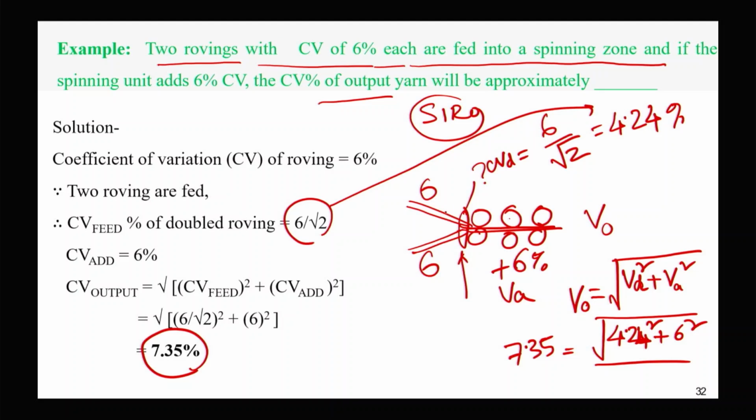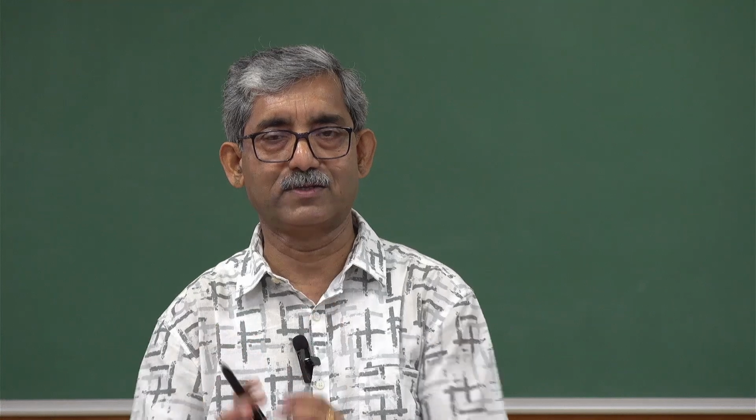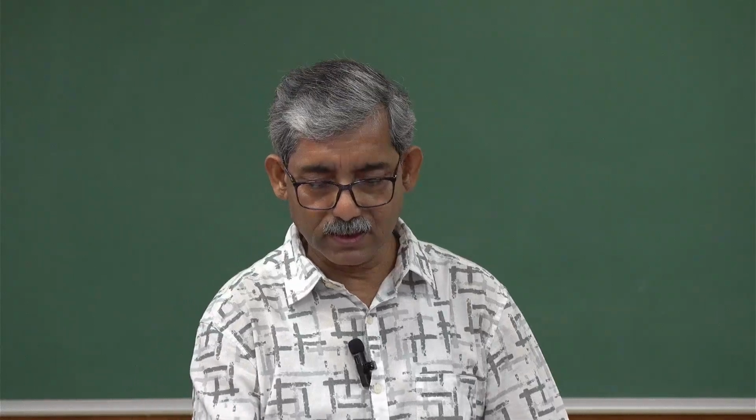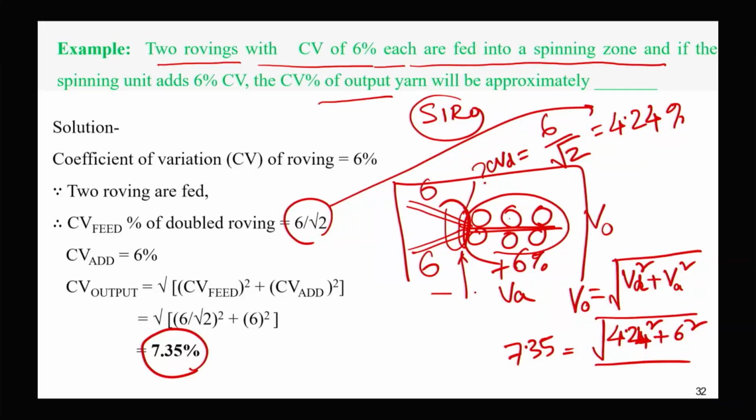So in this situation, what have we got? We have got a reduction in CV as well as an addition of CV, but they are in different stages. Reduction and addition don't take place in a single stage. Although this is a single process, in that case we have to break it into stages, the step where the CV is reduced and the step where CV is added.